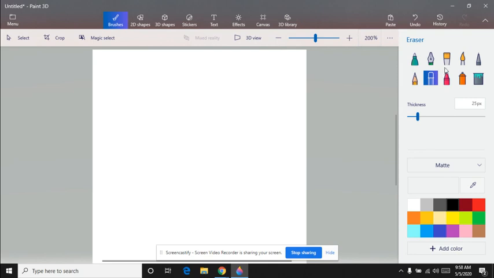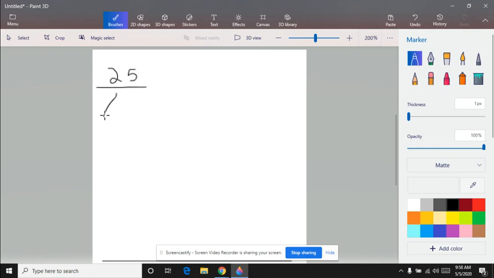So if we think about the coin, a quarter, it's worth 25 out of 100, right? There's 100 cents in a dollar, and 25 cents is a quarter. So 25 out of 100. That's 1/4.